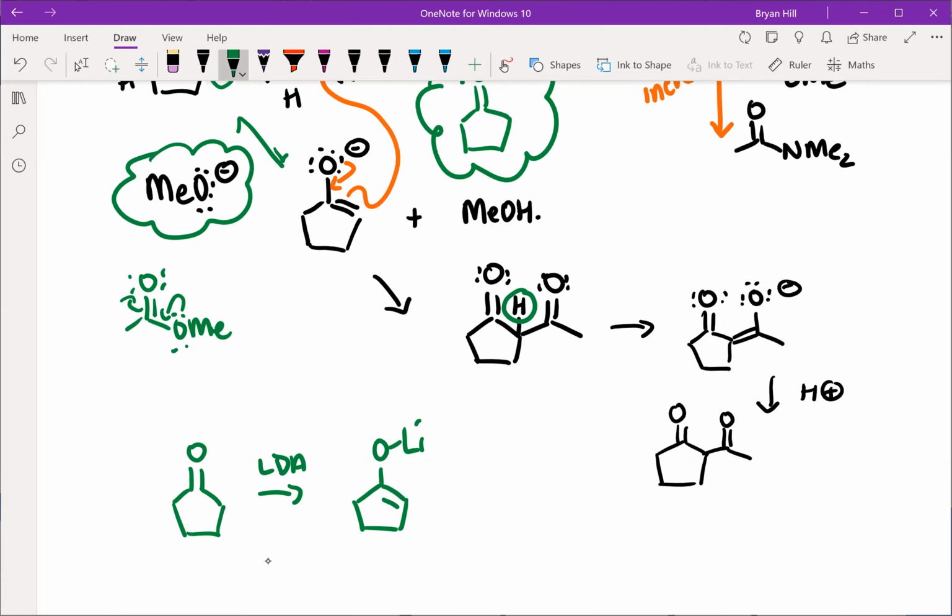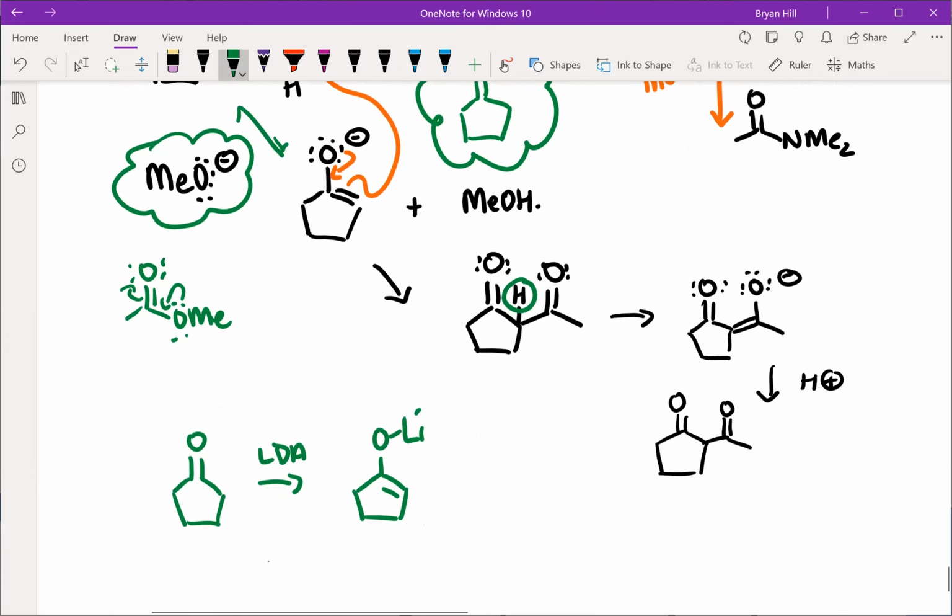But there is a potential side reaction when using an acid chloride, of it reacting at the oxygen. So you could do this, and then add your electrophile, which would be the ester, and get your product.